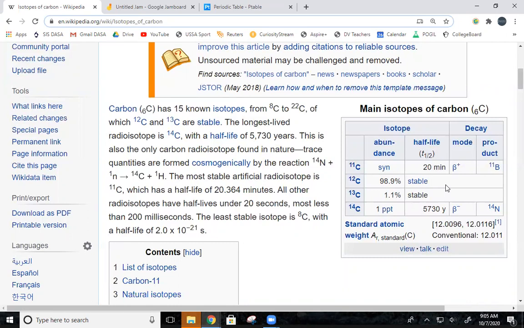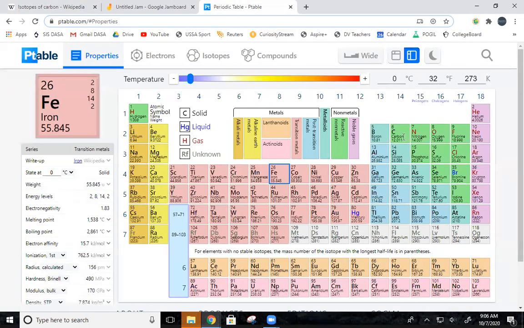So 12 times 0.989, and then add that to 13 times 0.011. And that gives us 12.011. We go back to our periodic table, click on carbon, look at that.